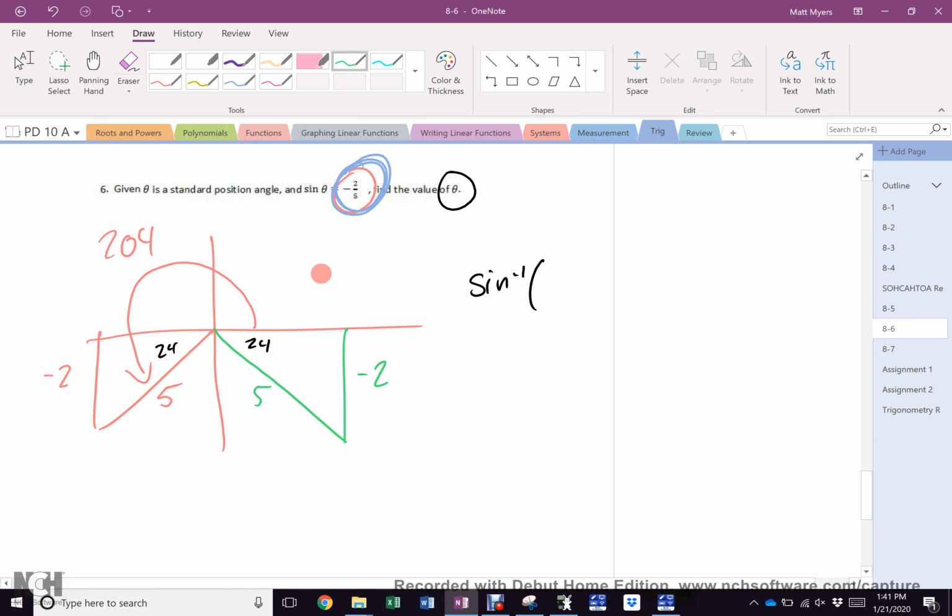What is green theta? 360 minus 24, which is 336. Yay. Everybody cool?